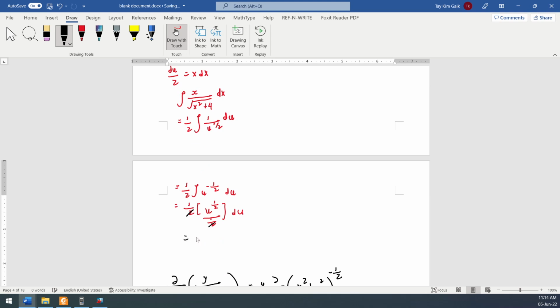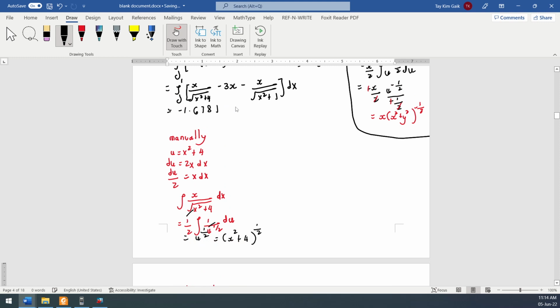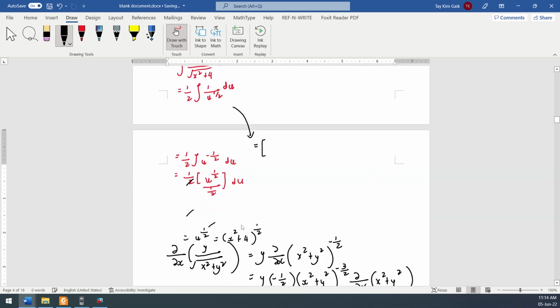Your answer is u power half, where u is actually x squared plus 4, power half. So if you do it manually, the result of the first integral is actually the square root of x squared plus 4.